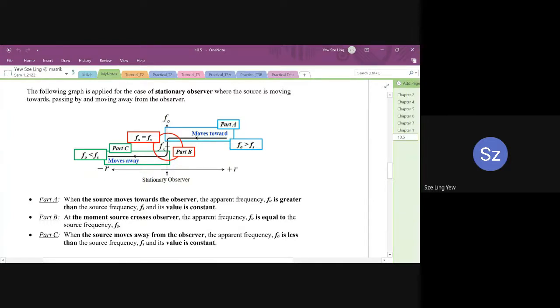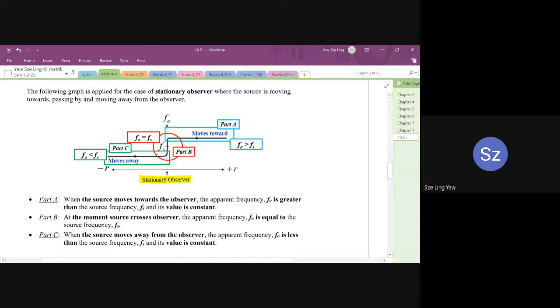What happens to the frequency? You're the observer, standing right here, not moving. If it moves towards you, then at part A you have a higher observed frequency, because the ambulance is moving towards you. When it is just right beside you at part B, the frequency that you receive is equal. It's the same.